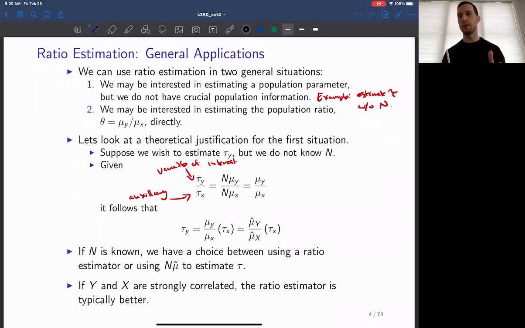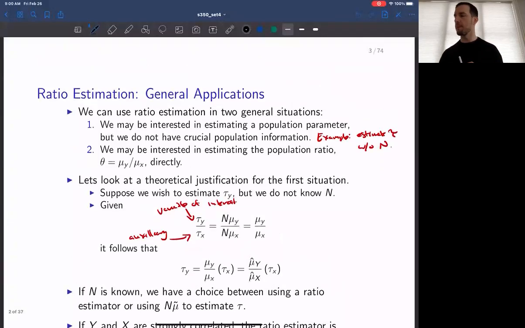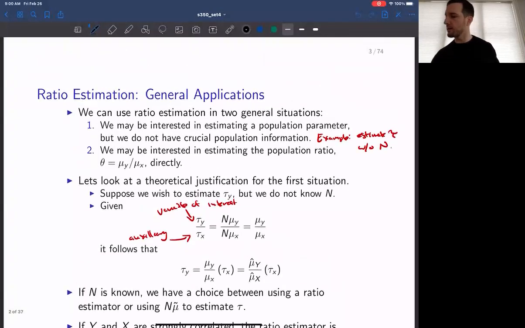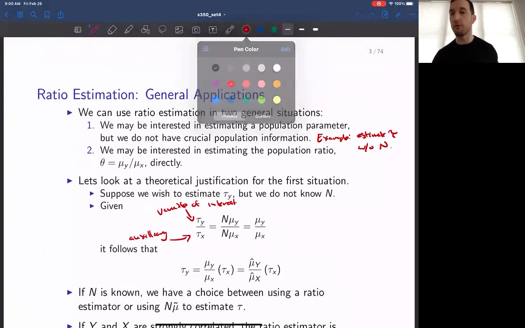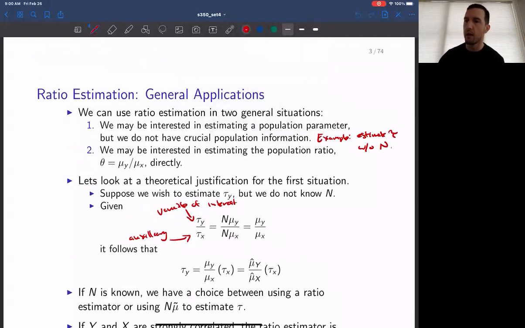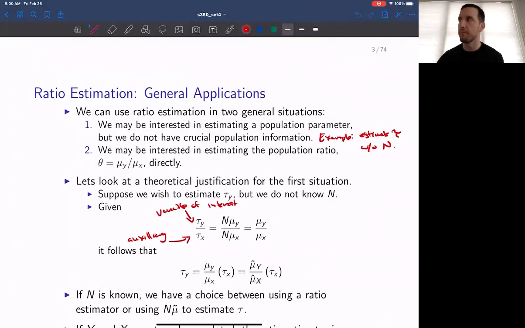We will see ratio estimation in two contexts: within the simple random sampling context and within the stratified random sampling context. So this estimation technique is one that we can utilize in both of the major sampling schemes that we have talked about so far.